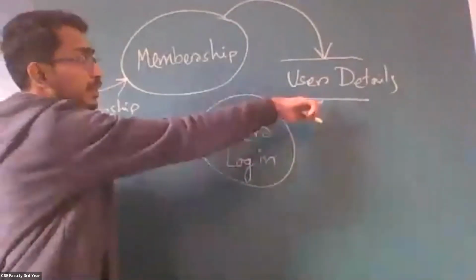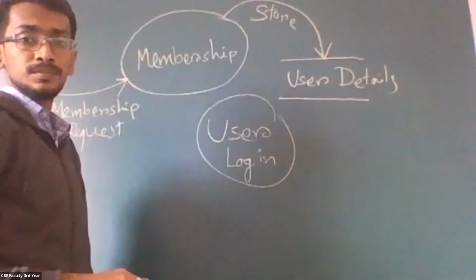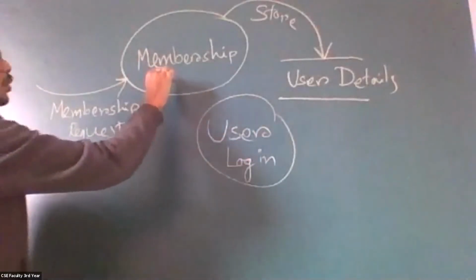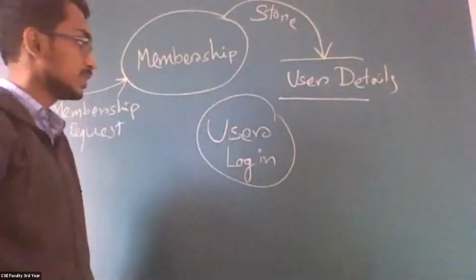No, we are storing the data in the database. Simply we can write store. Is it clear? Yes, sir. We are storing the data to the database. The process will store the data to the database for future access, right?